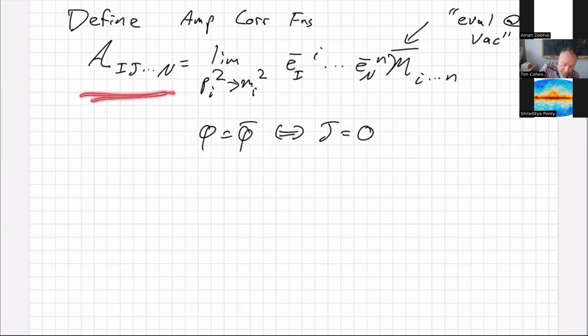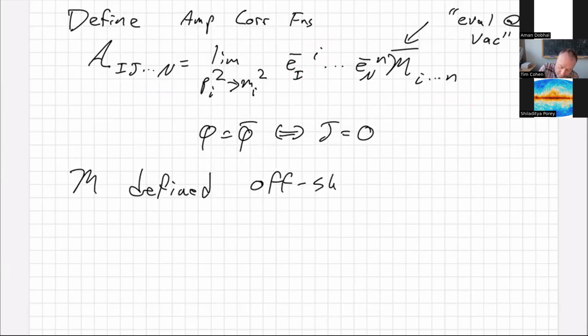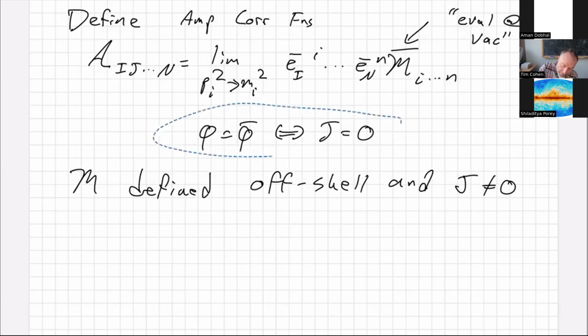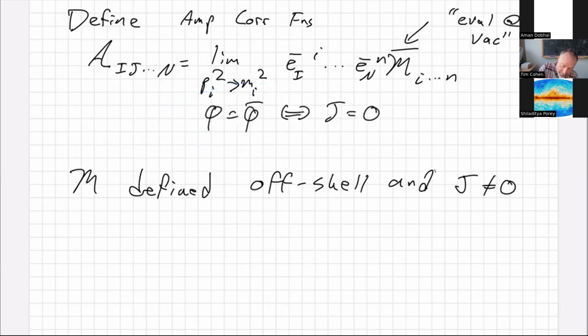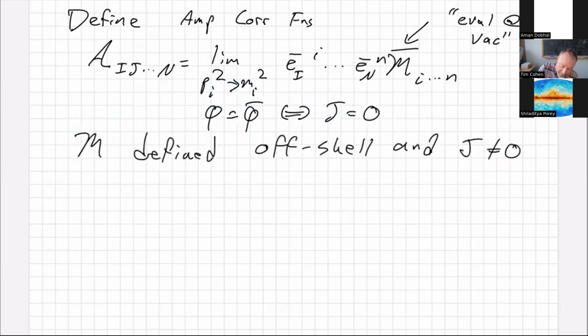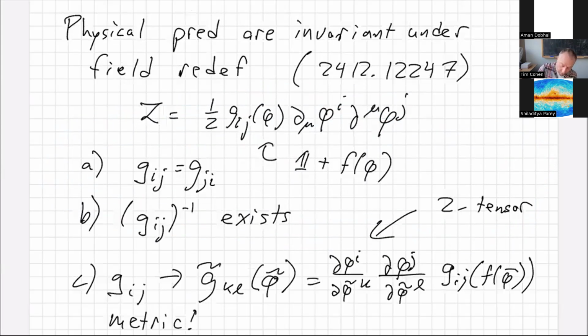So these are the standard amplitudes, and these objects are the amputated correlation functions, which we can define off shell. Okay, so M can be defined off shell, and for a generic J not equal to zero.